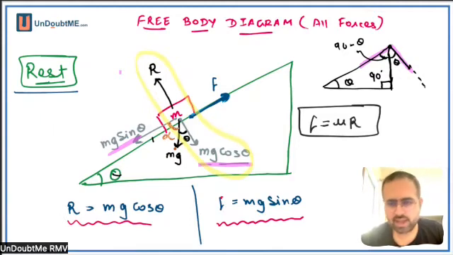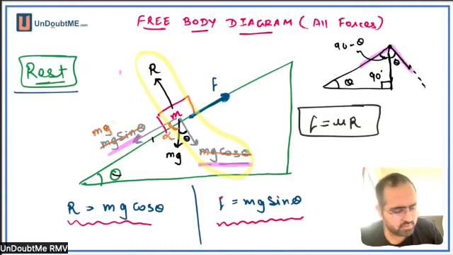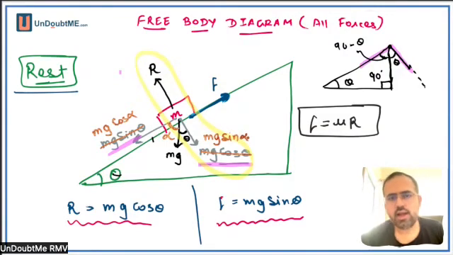In the direction of the angle, it will be cos theta, and the other one will be sine. Now I will cancel both of them, intentionally keeping them so that you can understand them comparatively. So in the direction of alpha, this will be mg cos alpha, and the other one will be mg sin alpha.